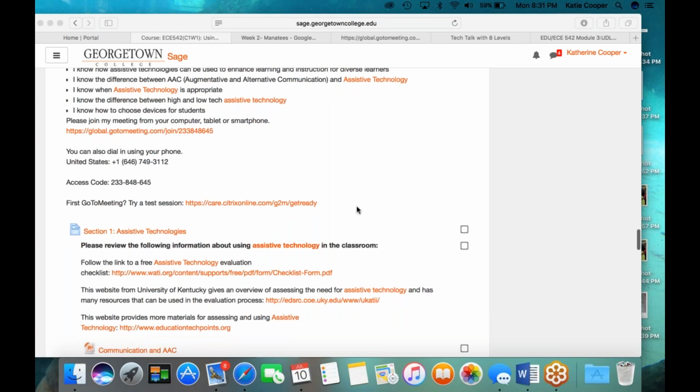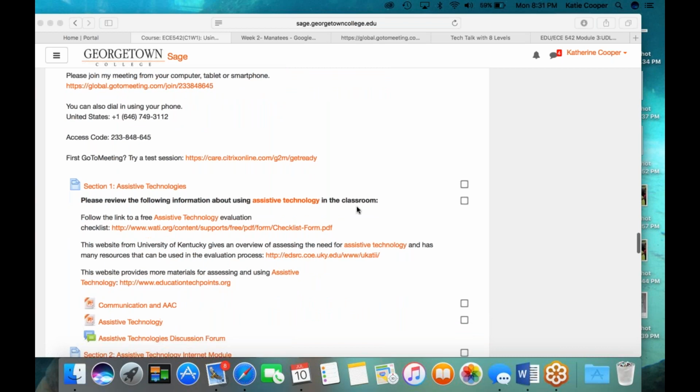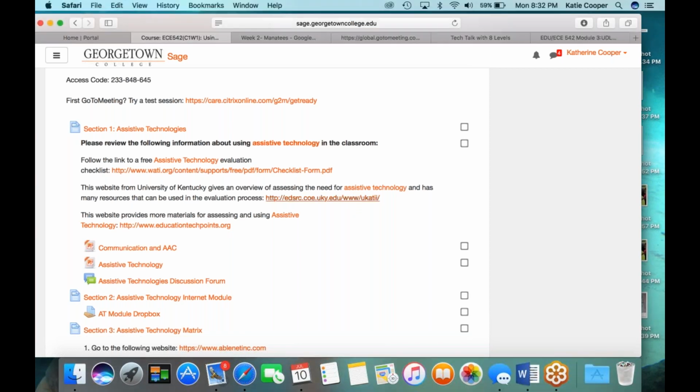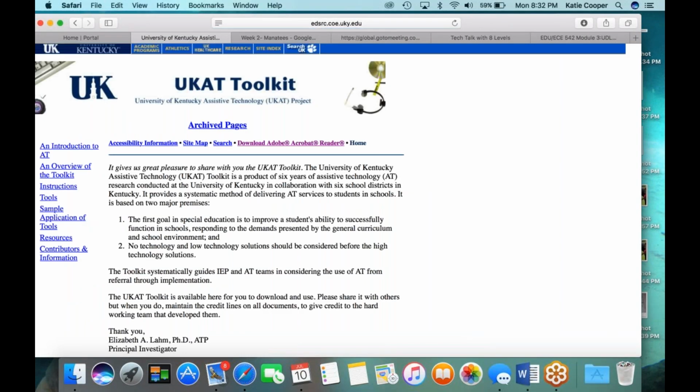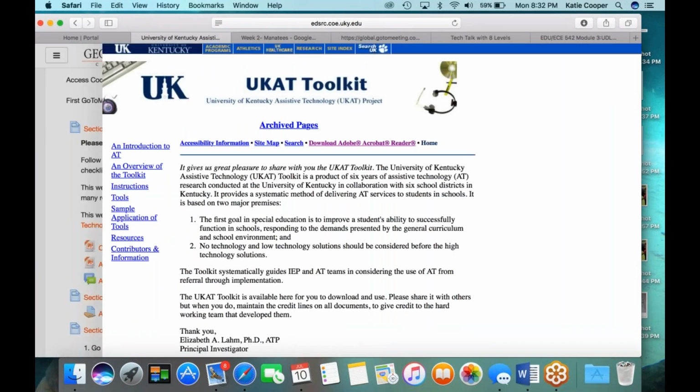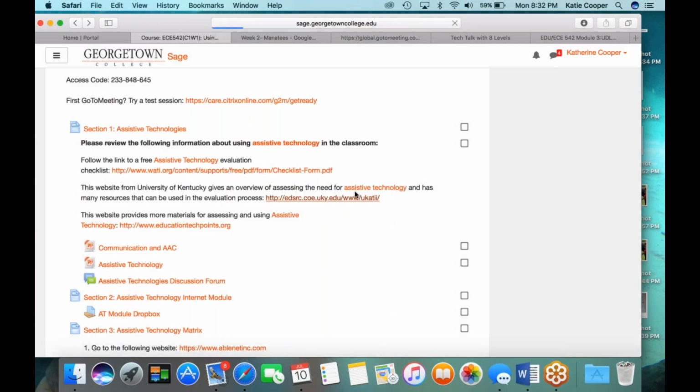So, let me go through here. One really good tool on here is from the University of Kentucky, and it is an assessment tool for evaluating your students.